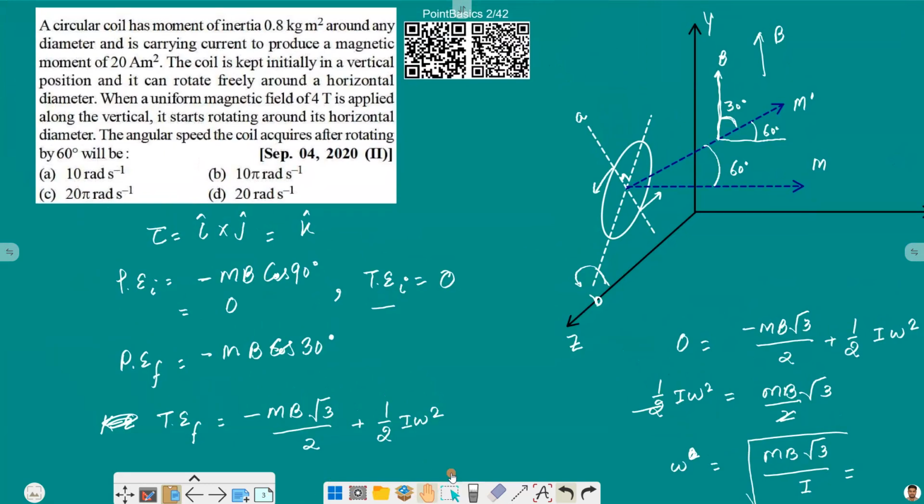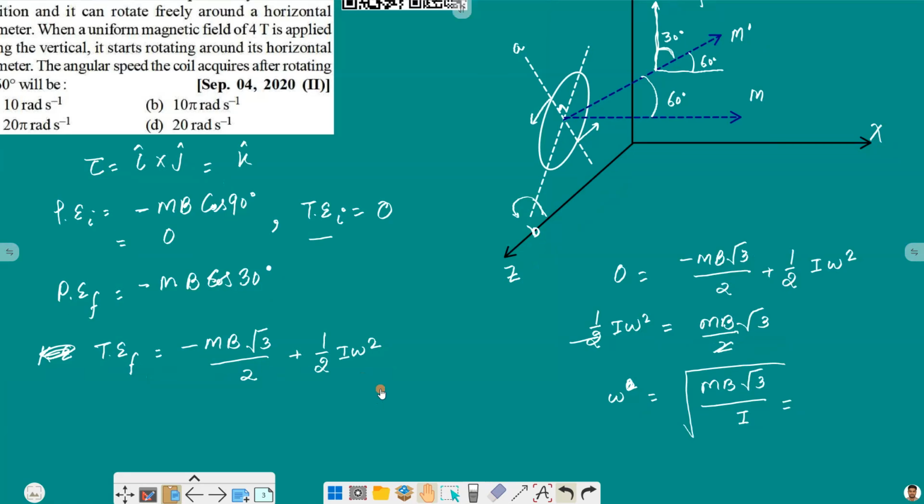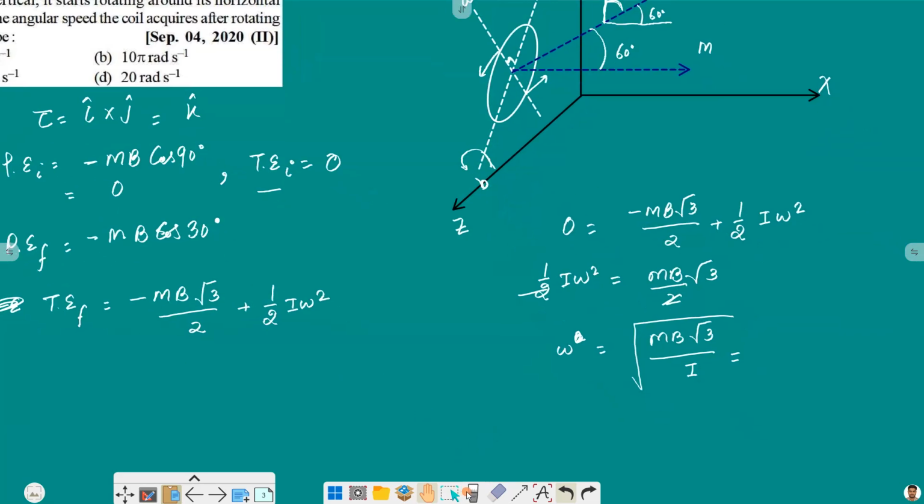So moment of inertia 0.8, 20 and 4. This is 20, this is 4, this will stay as it is, and this is 0.8. Solving all of this, we get our answer equal to 13.15 radian per second.